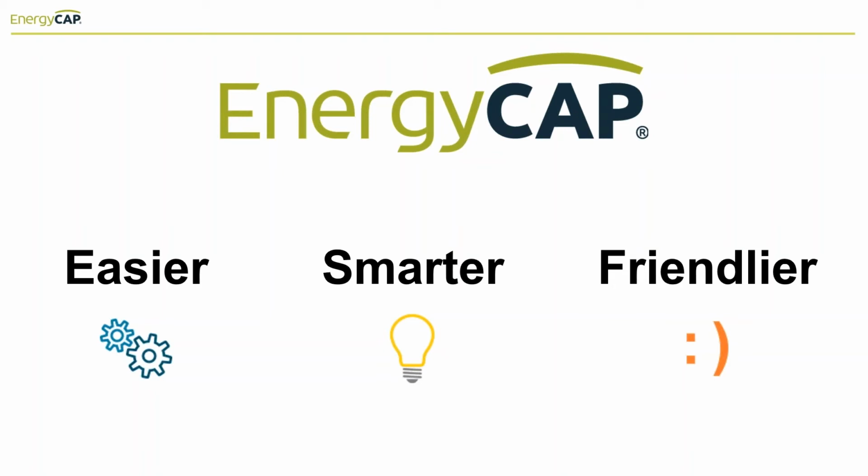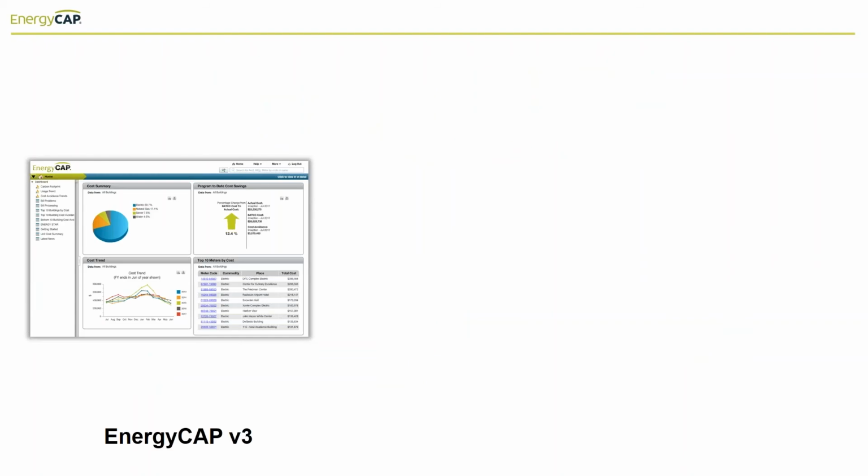From a technical perspective, the upgrades between EnergyCAP version 3 and version 7 are significant. In fact, EnergyCAP version 7 is a complete rewrite of the application. If you were to log into EnergyCAP version 3, one of the things you'll notice is that our former platform was based on Adobe Flex and Flash technologies.